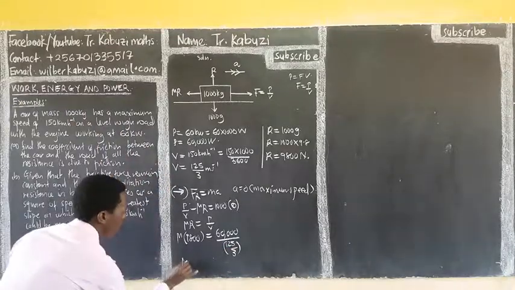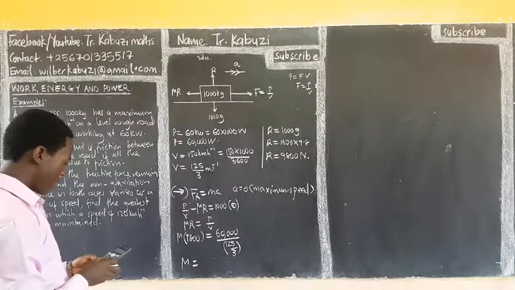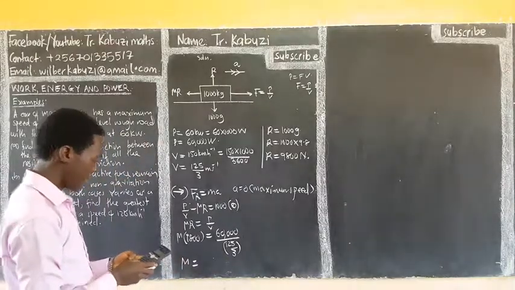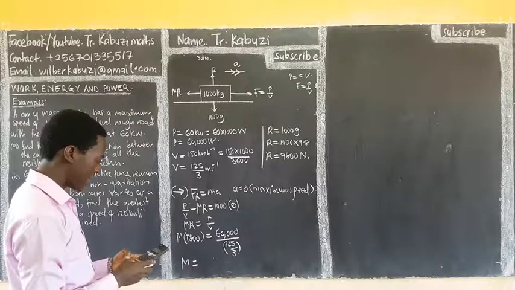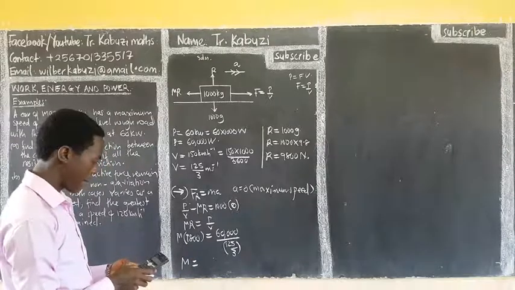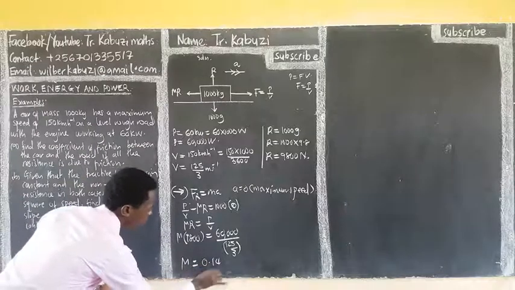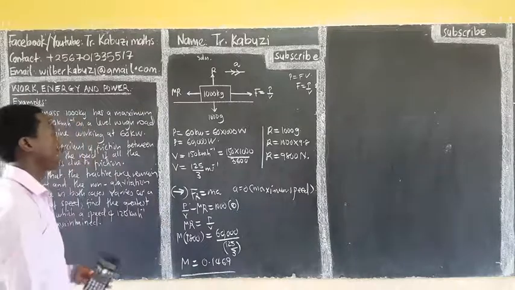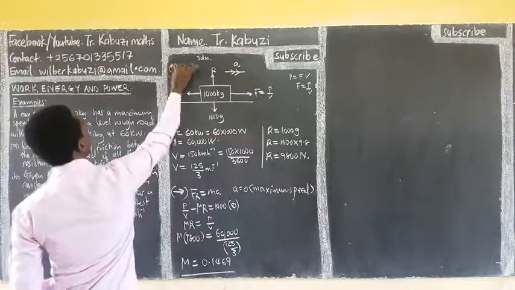And from there, my mu is going to be 60,000 divided by 125 over 3, then divided by 9,800. Here I'm getting 0.14694, to decimal places. So that's the coefficient of friction. This is part A.